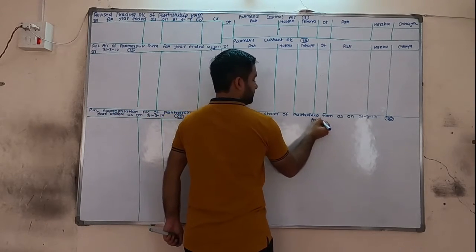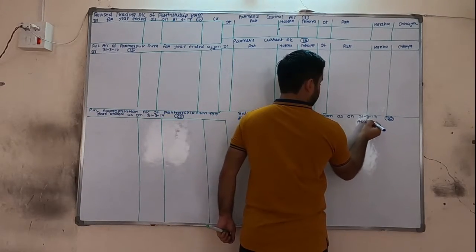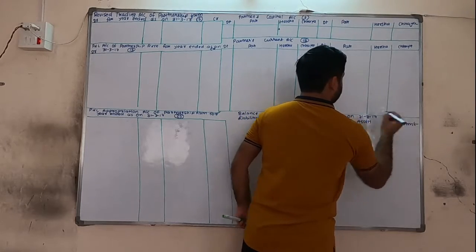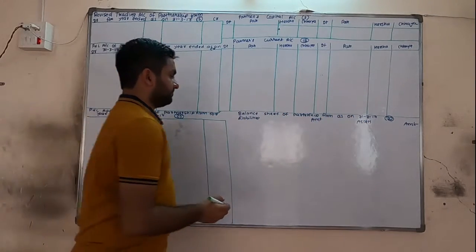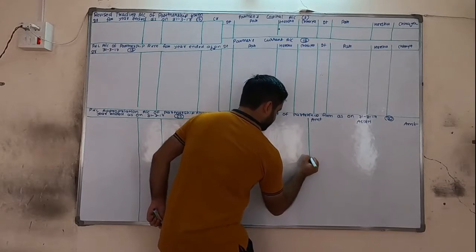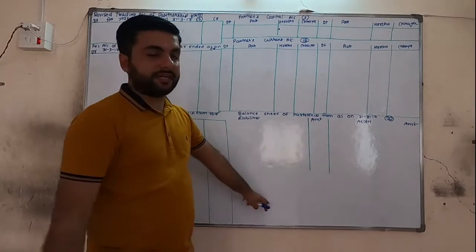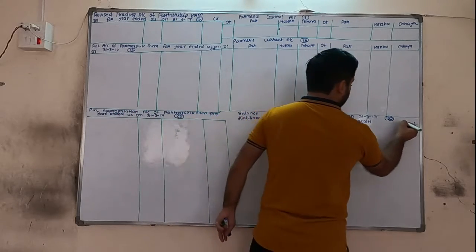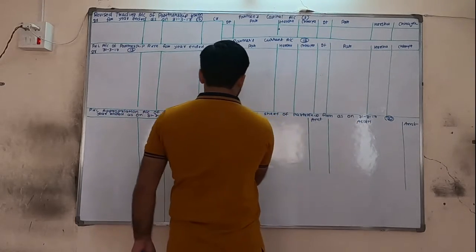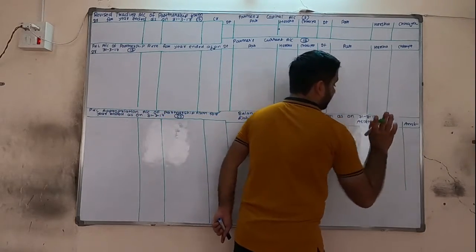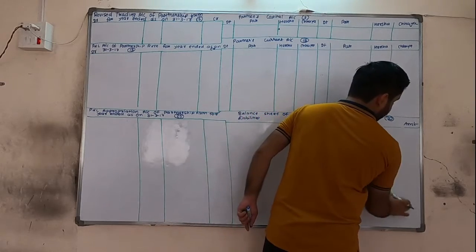Liabilities, amount, assets. Now see friends, I need space for calculation, so I am not drawing the whole. I will give space for calculation, but this is required for 20 lines. Okay, so you draw as per that.